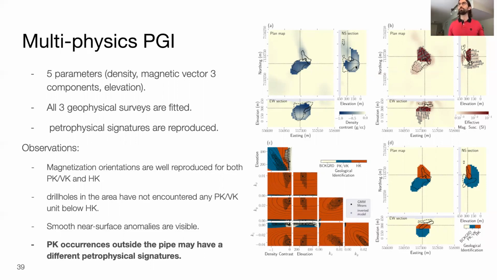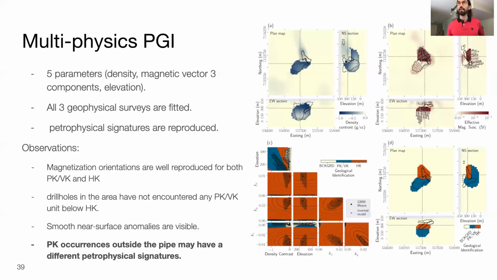But the problem here is more geologic, actually. As I mentioned before, we have this massive northern extension of the PK unit, which has not been seen in boreholes, and that's an issue. We also see that we have near surface kimberlite that we do not recover. So the assumption we can make now is that the density contrast in the pipe is quite strong, almost -1 gram per cubic centimeter.